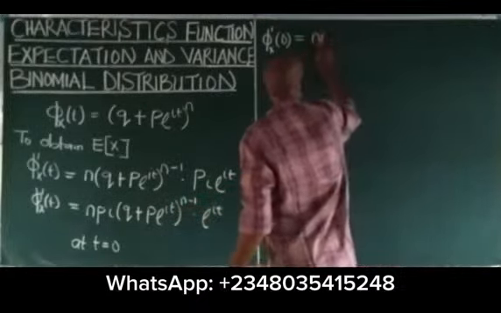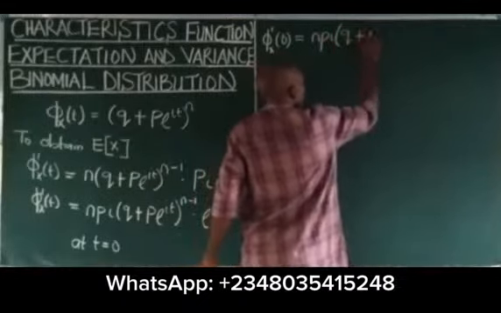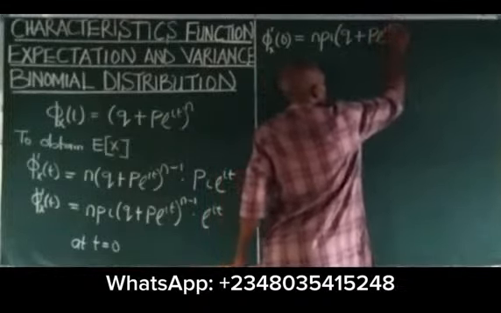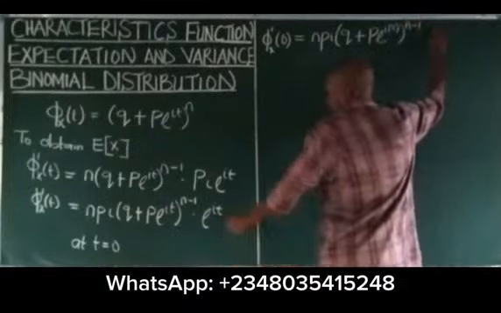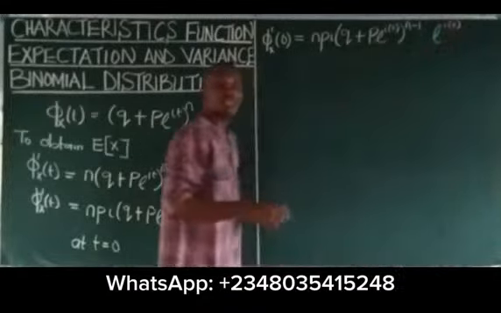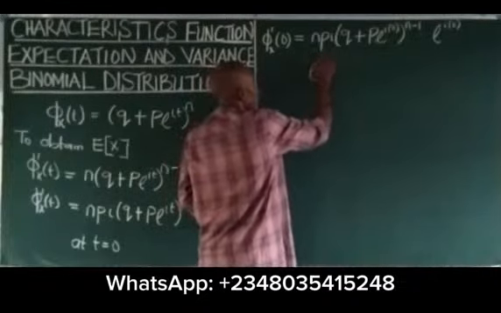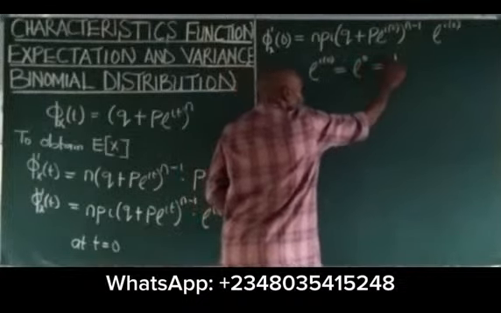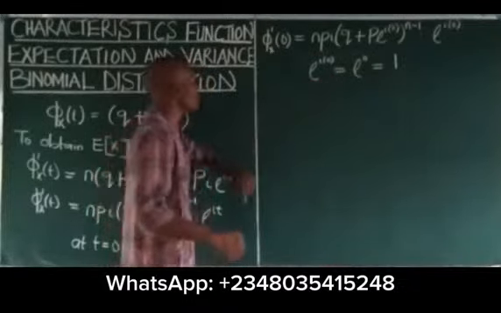So we have n p i into (q + p e^{i·0})^{n-1} multiplied by e^{i·0}. Of course, anything raised to the power of 0 is 1. That is, e^{i·0} is the same thing as e^0 and is equal to 1, because anything raised to the power of 0 is equal to 1 from indices.